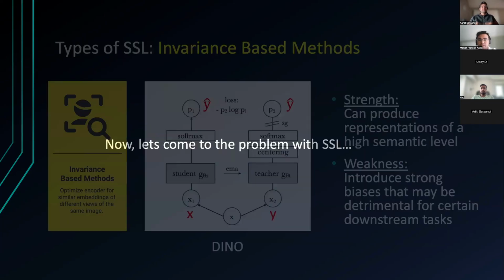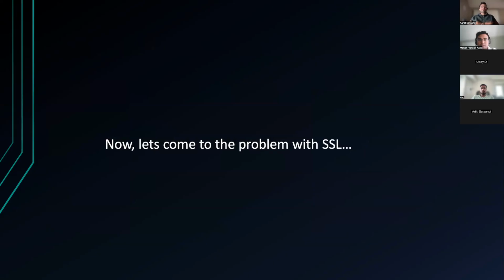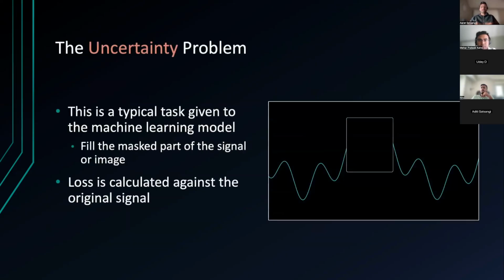Okay, let's move on. Now let's come to the problem with self-supervised learning. What is the problem with these two different kinds of methods that we looked at? The problem is called the uncertainty problem. This is a typical task given to a machine learning model.